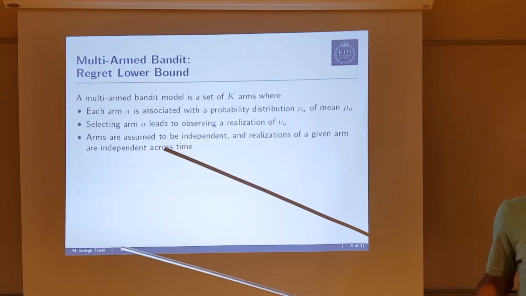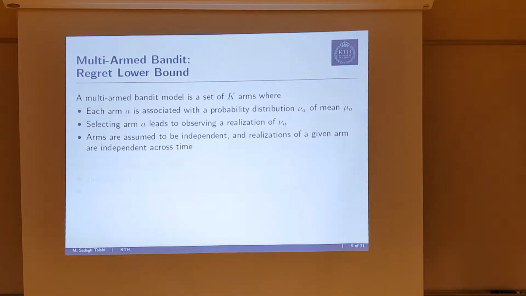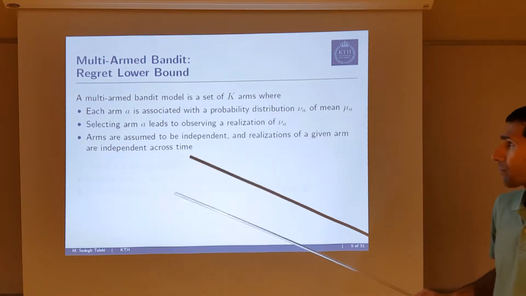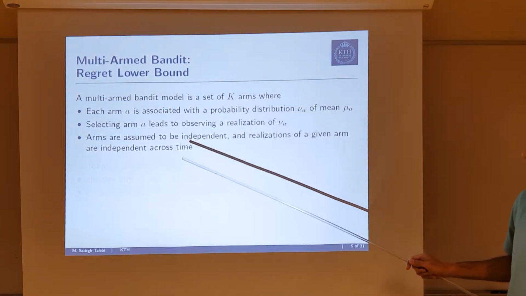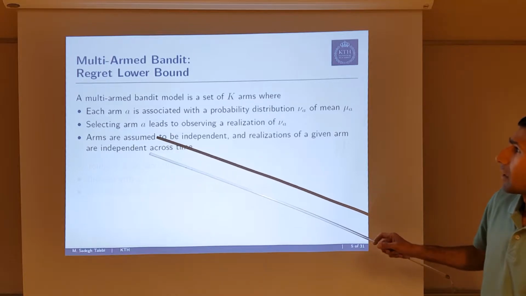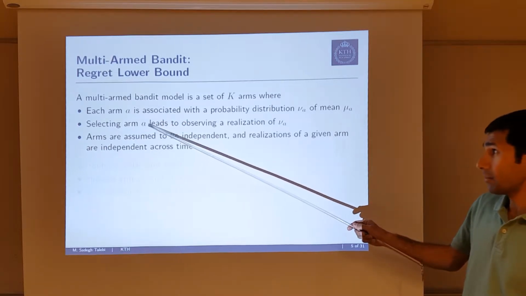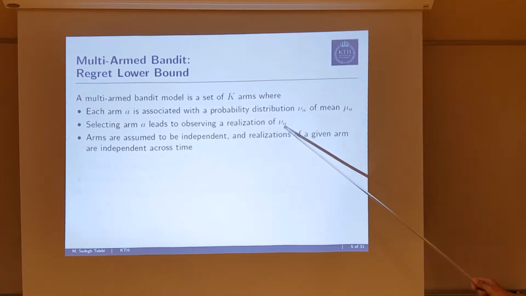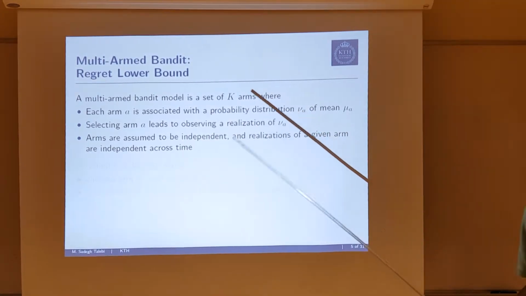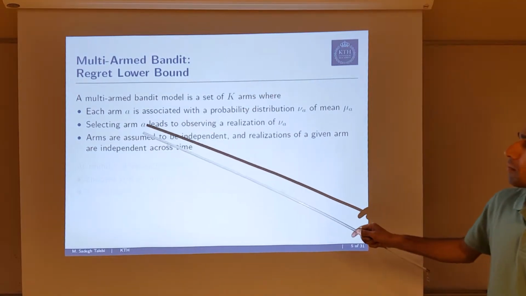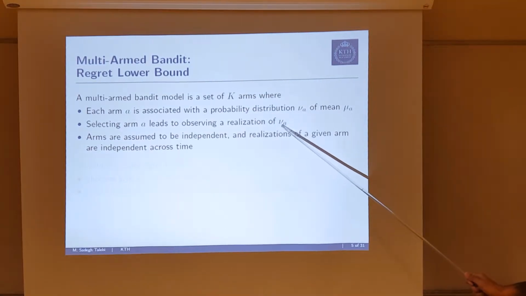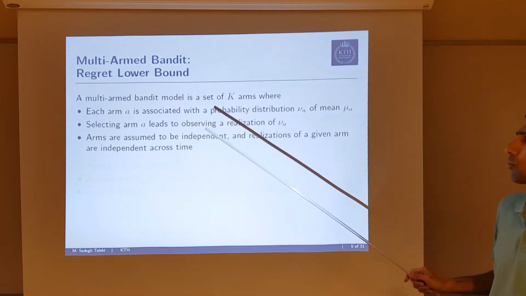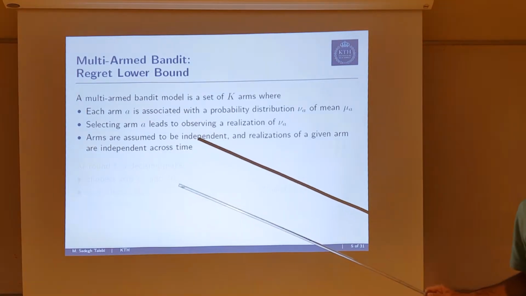There is no notion of a state, or let's say there is a notion of a state, but the state space is a singleton. If you select an arm A, it leads to a realization, a sample from this distribution nu of A. So this sample will be called the cost or reward R of A, and in the literature it's usually referred to as reward because you would like to maximize it.